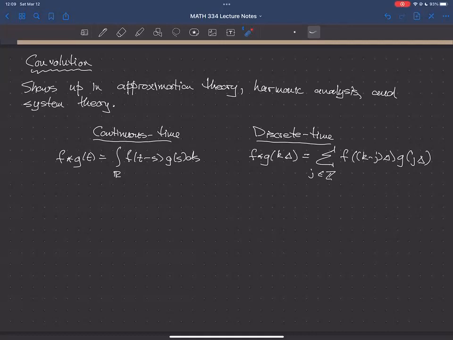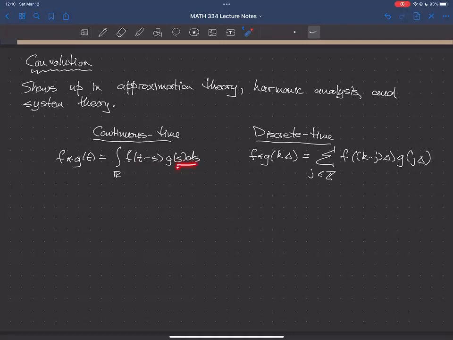So the curious thing here is what it does to, say, f. So we're going to see that f star g is g star f, and so you could just as easily write this as f of s and g of t minus s. But the point is that this operation of using the argument of t minus s appears in one of either f or g. And this does two things.